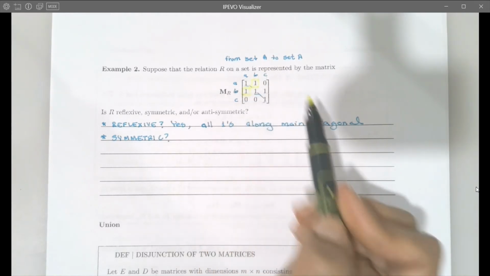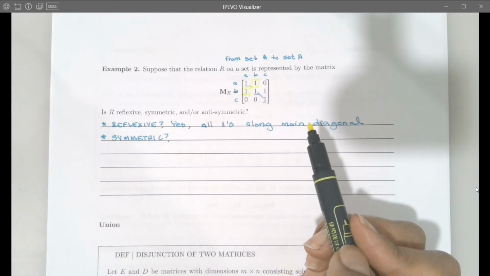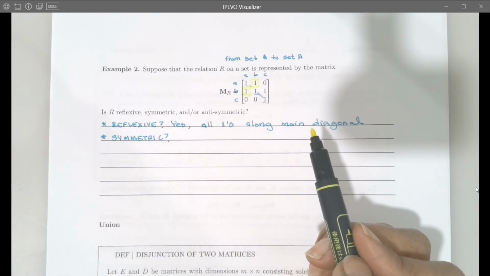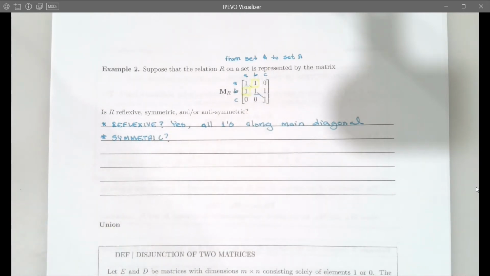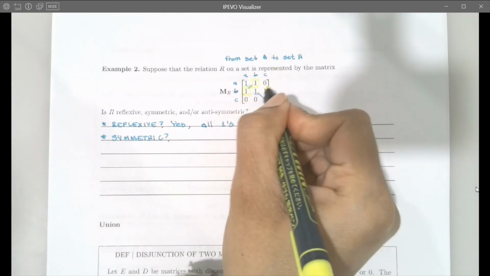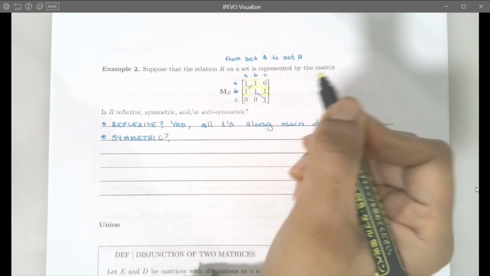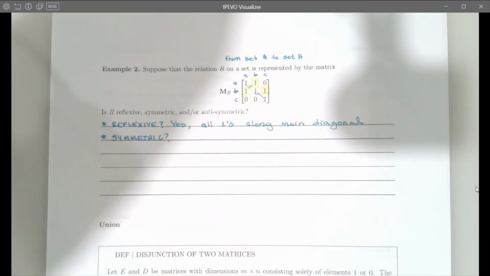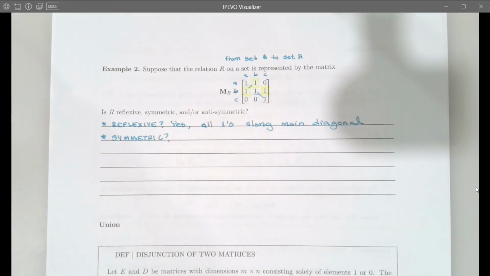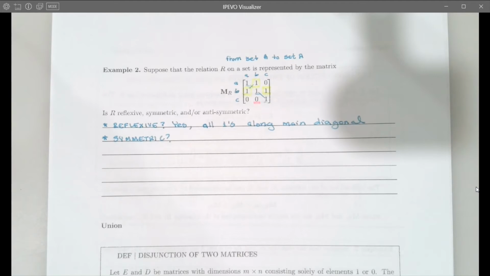So if we have a 1 at the ijth position, then there should be a 1 at the jith position. Or in other words, it just reflects across the main diagonal. And so here that looks good. We'll see a 1 at row 2, column 3, so we should be seeing a 1 at row 3, column 2. But as it turns out, there is no 1 at row 3, column 2. So that means that it is not symmetric.